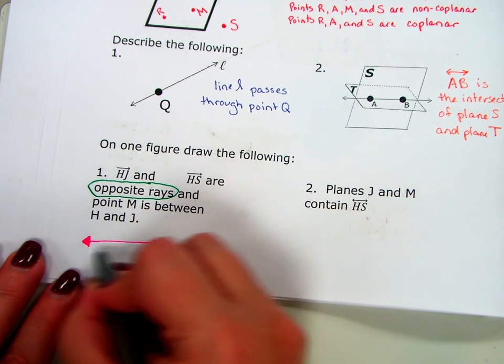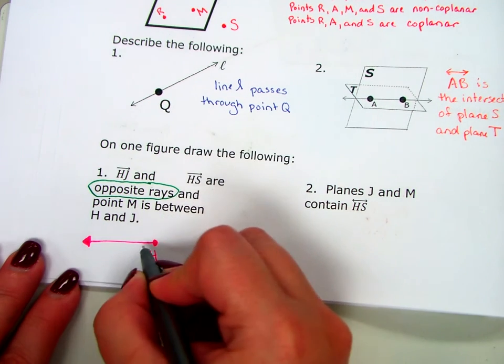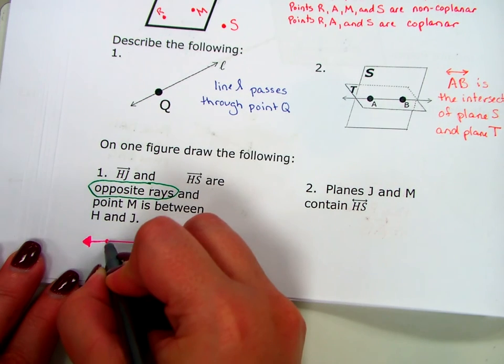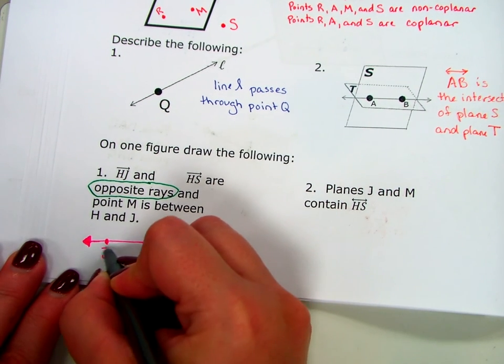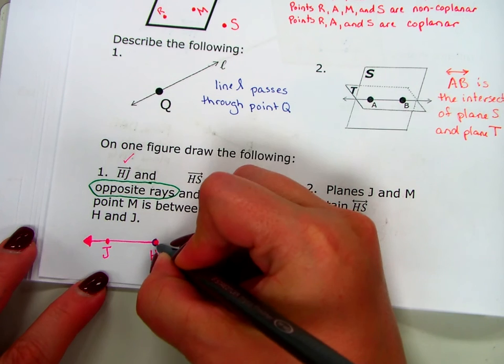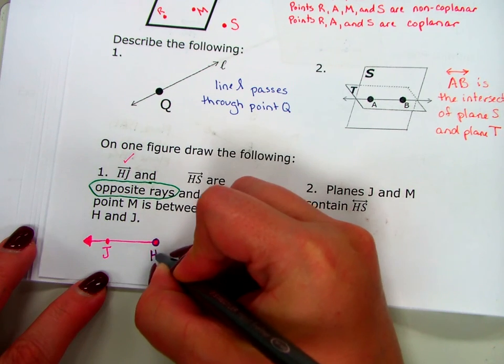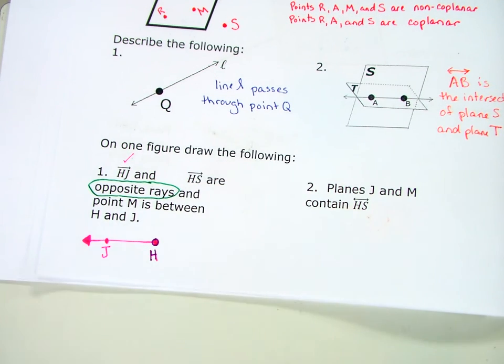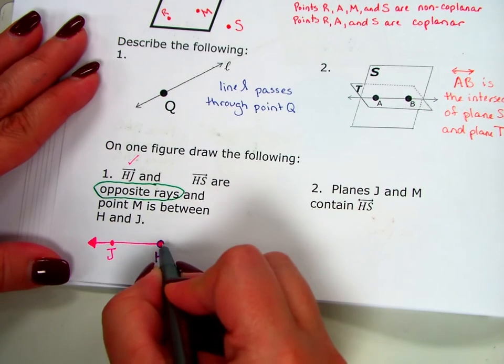And it goes in the direction of J, so somewhere along here, it doesn't matter, you can put it close to the arrow, you can put it close to the H, wherever is point J. So that's ray HJ. Okay. Then ray HS also starts at H, right? Also starts here. And it's going to go in the opposite direction.